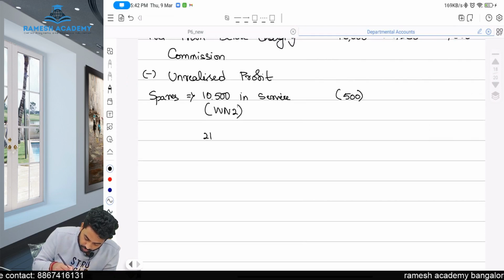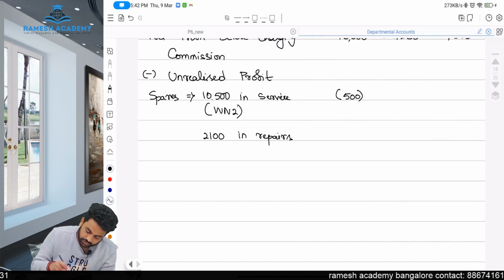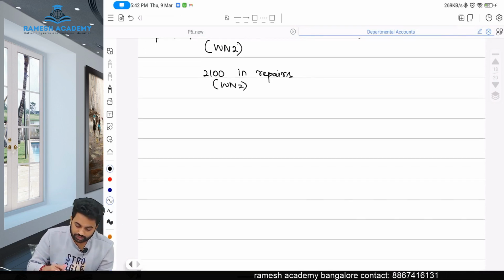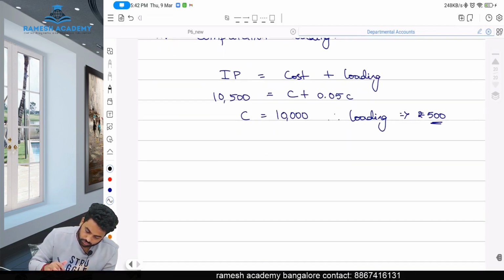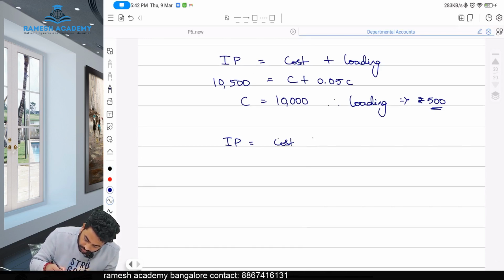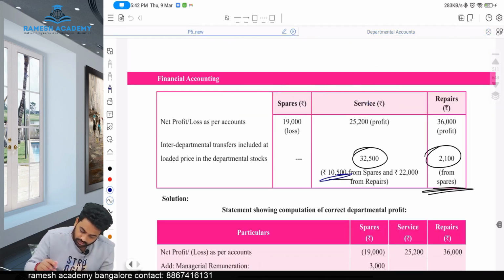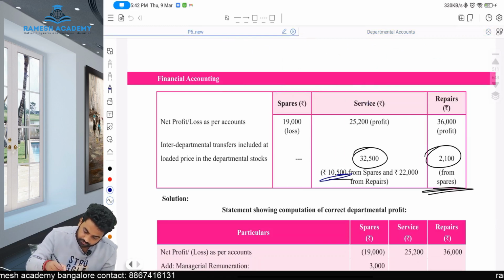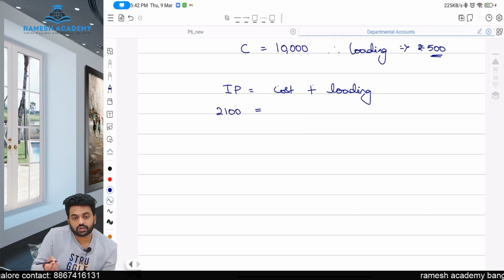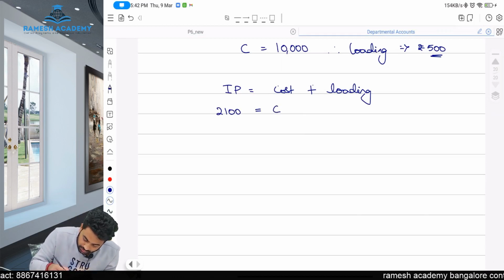Same working note 2. Invoice price is equal to cost plus loading. In repairs 2,100 is equal to cost, let it be C, plus loading.